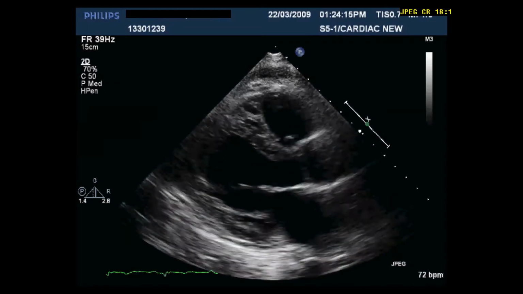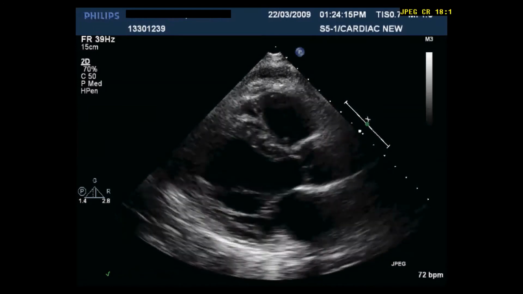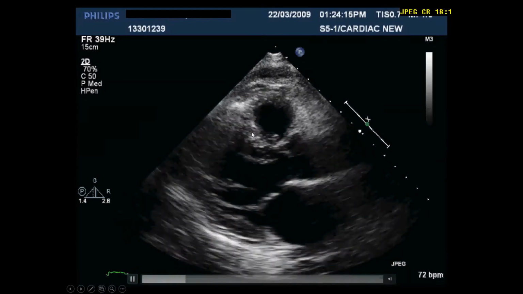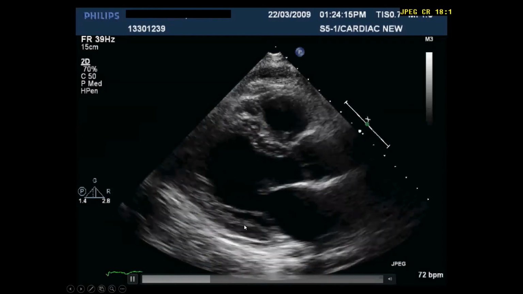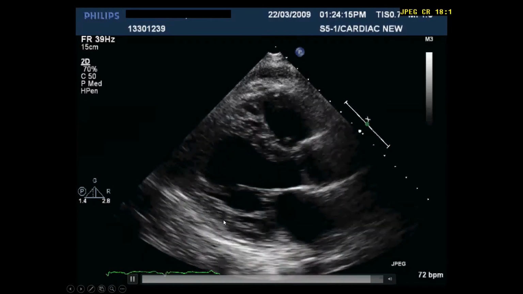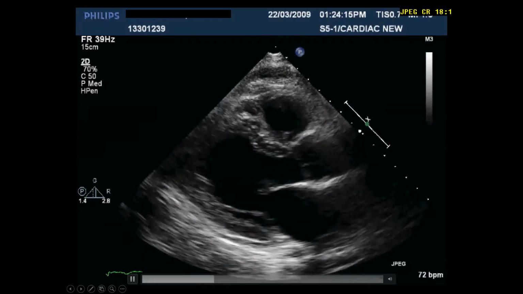That's why the first views in this session I brought all relate to regional wall motion abnormalities, because this is one of the toughest parts of the echo. I want you to get familiar with akinesis of the wall, like this one. It's not the absence of movement.